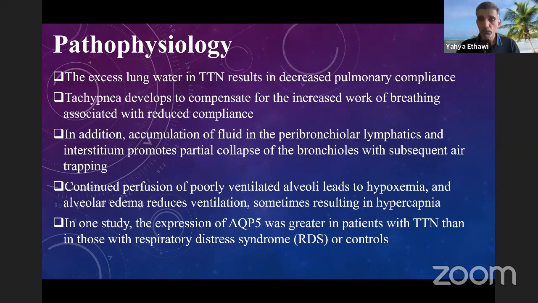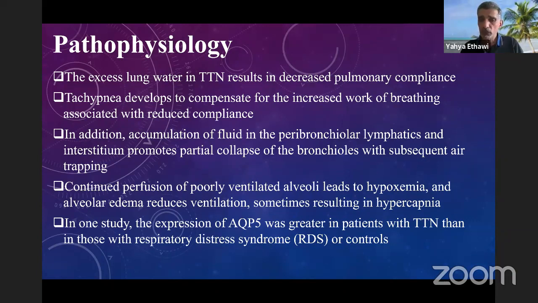But the perfusion of the baby is okay. So there is good perfusion and poor ventilation, resulting in hypoxemia. And because the alveoli are filled with fluid, there is no CO2 exchange, so there will be reduced ventilation. So at the end, there is hypoxemia and hypercarbia, or poor oxygenation and poor ventilation at the same time.